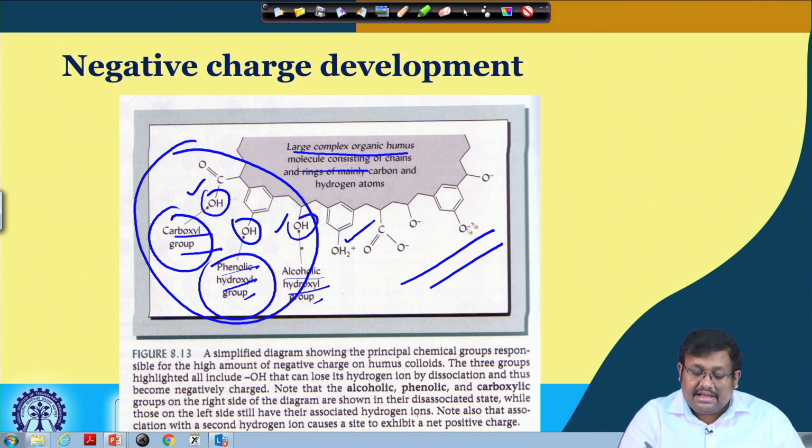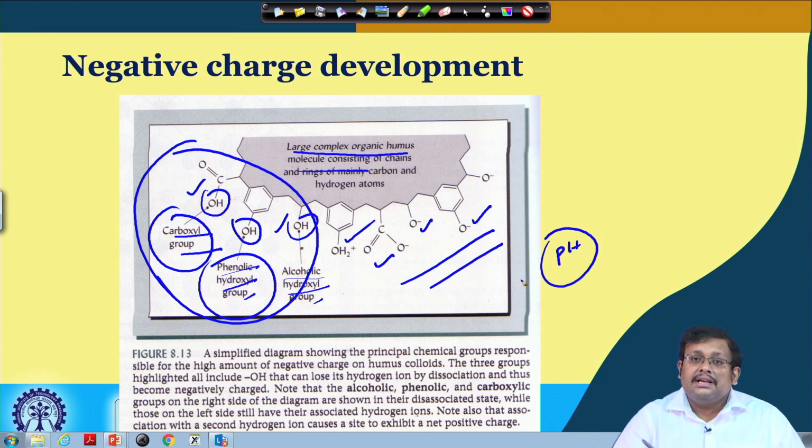So, this is an alcoholic group which is dissociated, this is a phenolic group which is dissociated, and this is a carboxylic group which is also dissociated, while those on the left side still have their associated hydrogen ions. Remember, whatever charge is developed in the organic humus, this is a pH dependent charge.